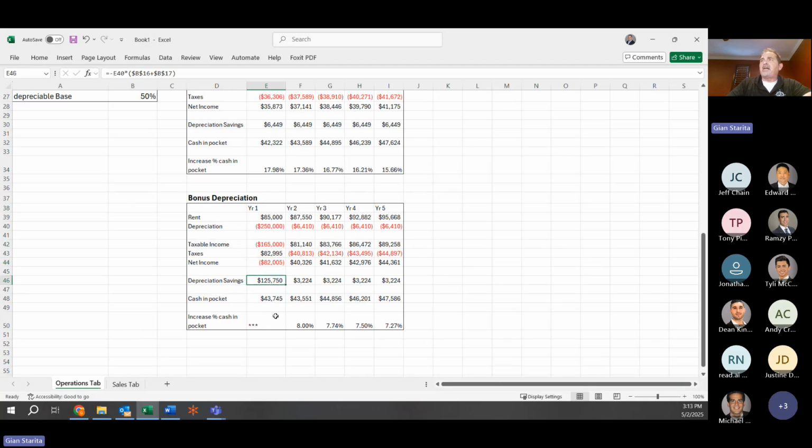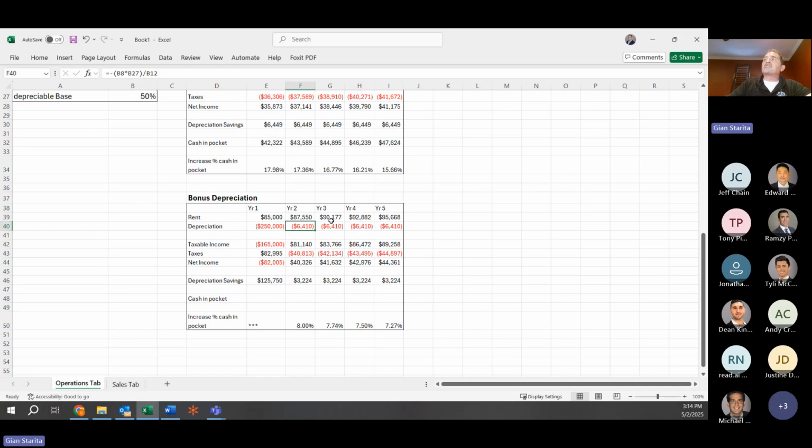So my depreciation savings is actually quite a bit. It's 125 grand. This cash in pocket number, I'm going to delete, because that's the same mistake I made on the other spreadsheet. So I'm going to leave that out of here. In the first year, the increase in cash in my pocket is actually exponential. I didn't put a percentage to it, but in that first year I depreciate 250,000.